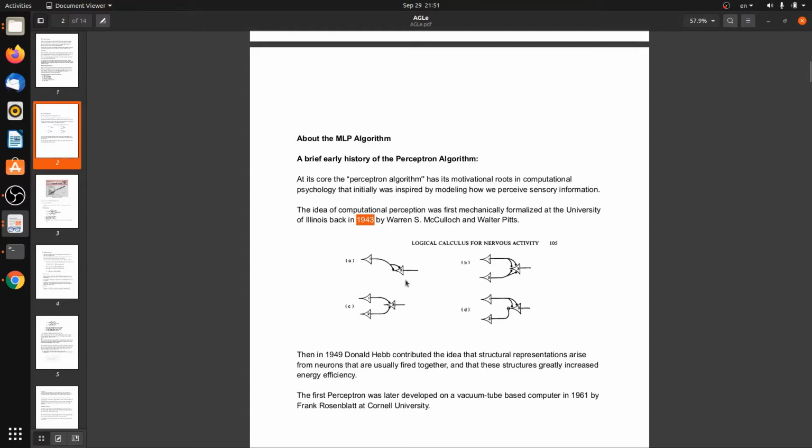It's based on psychology initially, and how our perception works. They did biological experiments on rats, I think, and found that perception actually changes the brain structure. It morphs it in a sense.